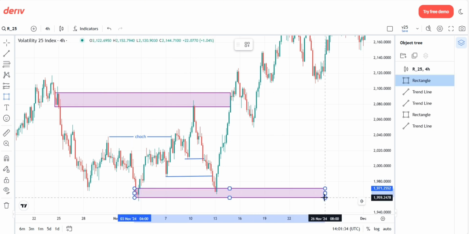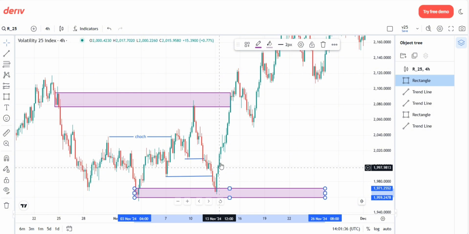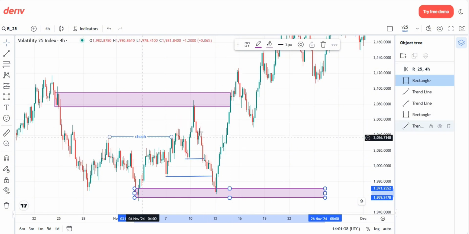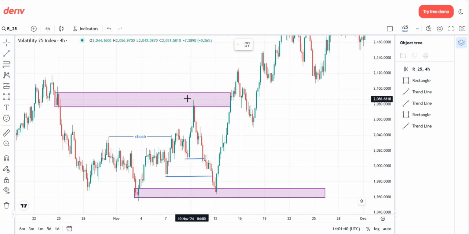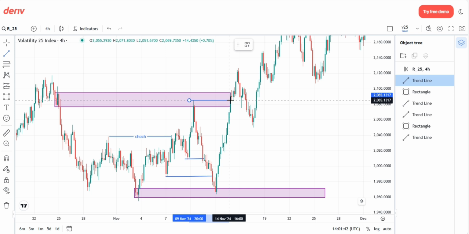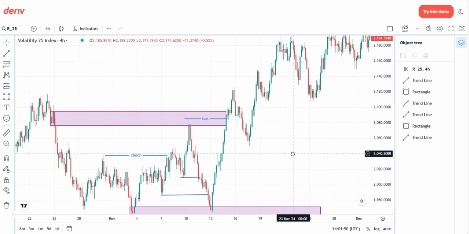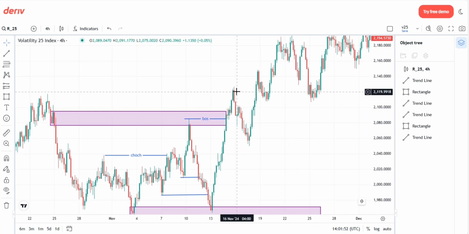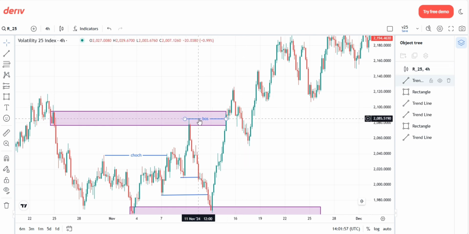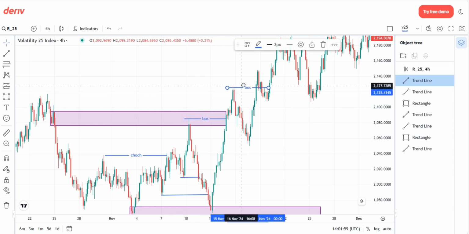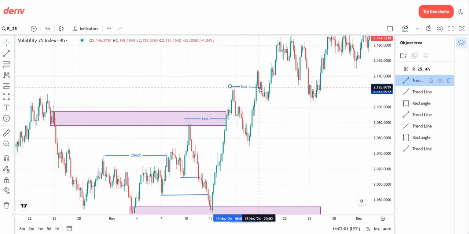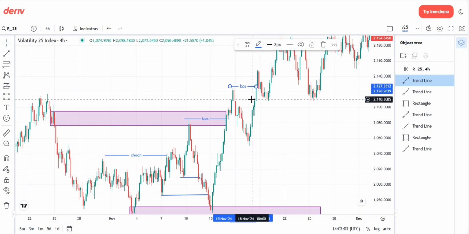It chose that order block here, and then this impulsive move broke structure here. After the market broke structure, it retraced a little bit and then it continued breaking structure to the upside direction.